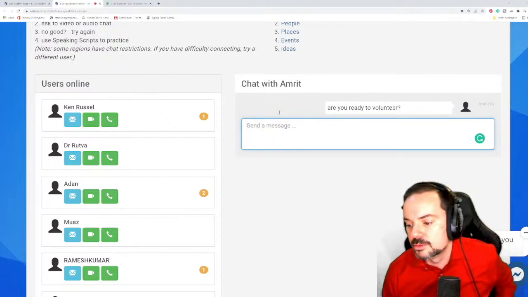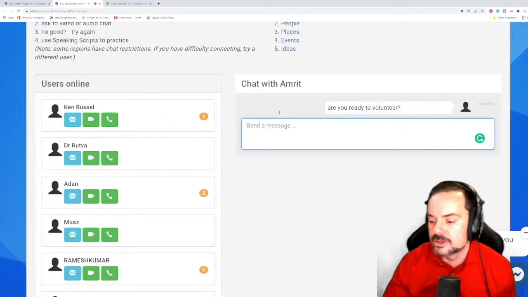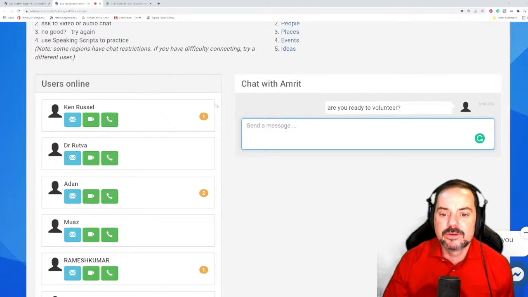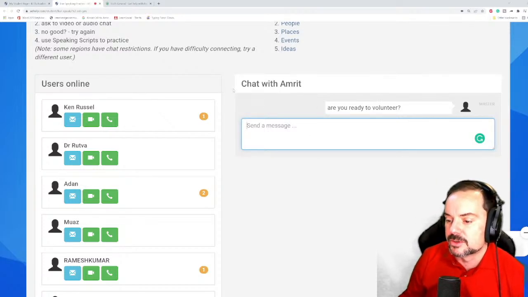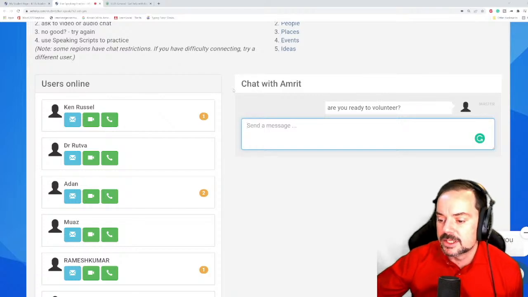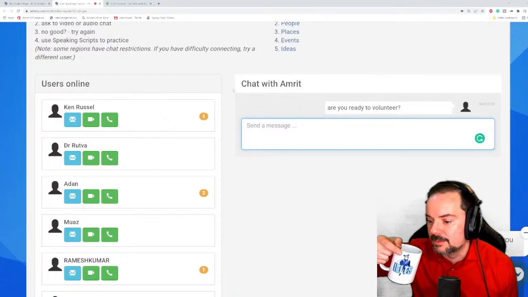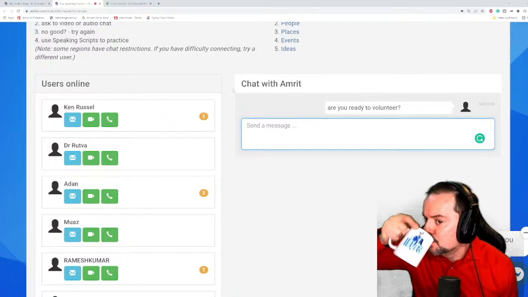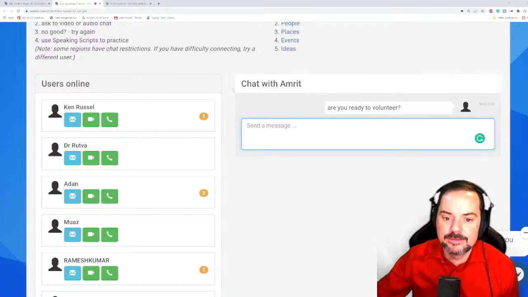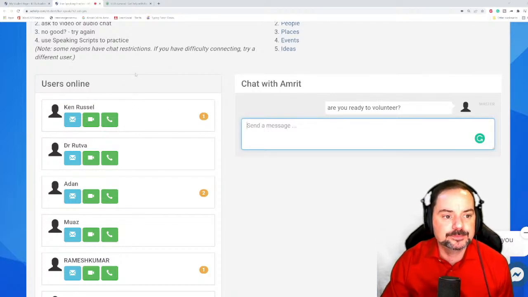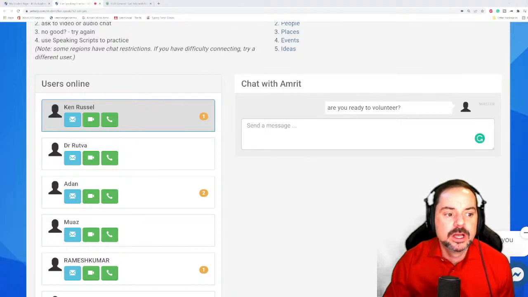Amrit did send a super chat donation there earlier, so I just wanted to check if Amrit maybe wanted to volunteer, because I also see you in the chat, Amrit, and I see that you're sending me a message. So if you're there, let me know. I'll give you about 5 more seconds while I look for someone else.